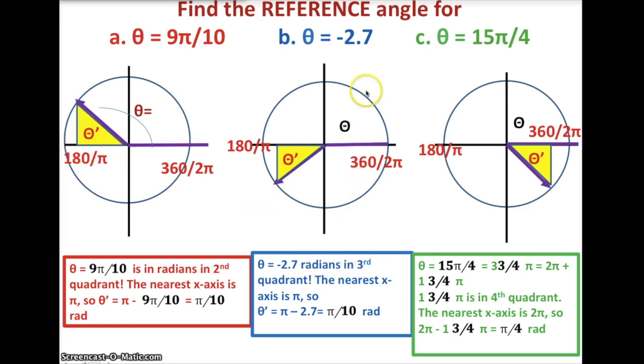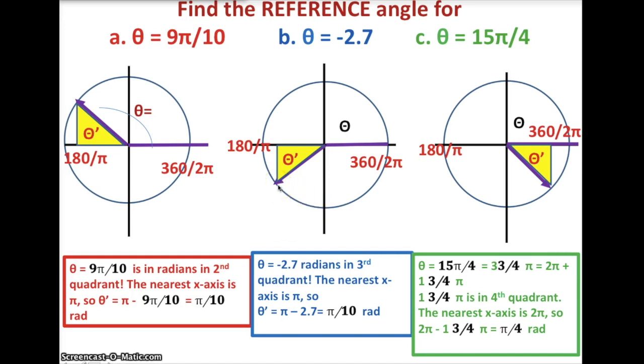The next one is 2.7. Notice it doesn't have a degree mark on it, but it does have theta, so that tells me we are in radians. So that would make this negative 2.7 radians, which would be backwards. Negative 2 radians would be about right here. Negative 2.7 would be about right there.